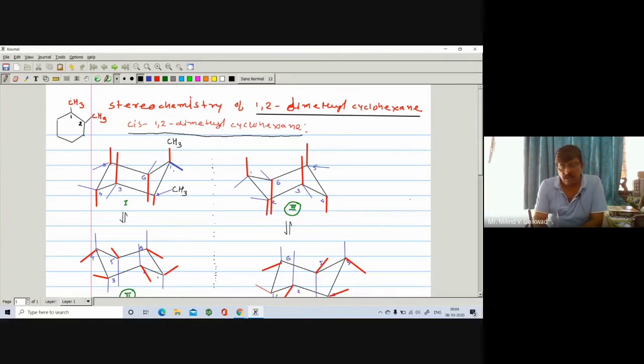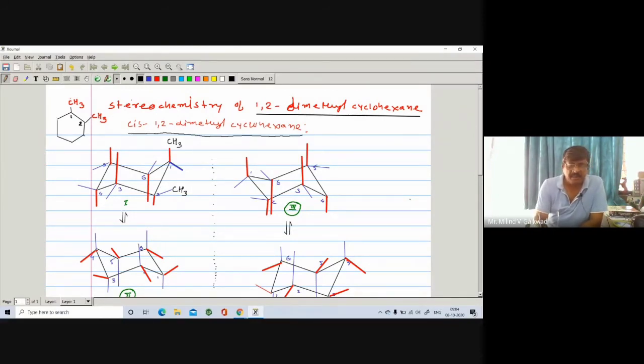When two similar groups are on the same side of the plane, in structure number 1, on carbon number 1, the methyl group is above the plane. It is going in the upward direction. And also on carbon number 2, the methyl group is going in the upward direction. So both are on the same side. So it is called cis.